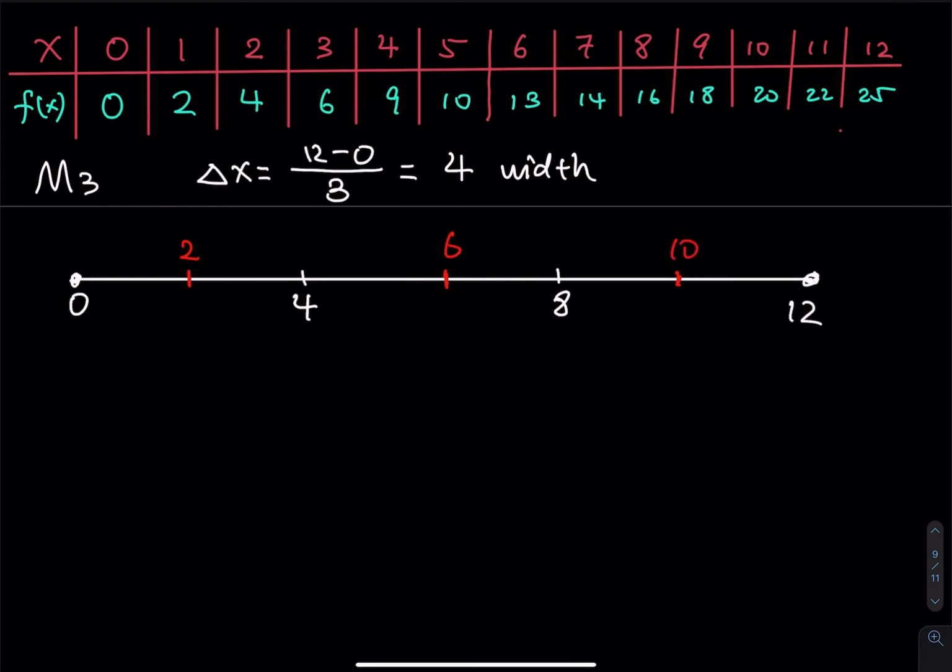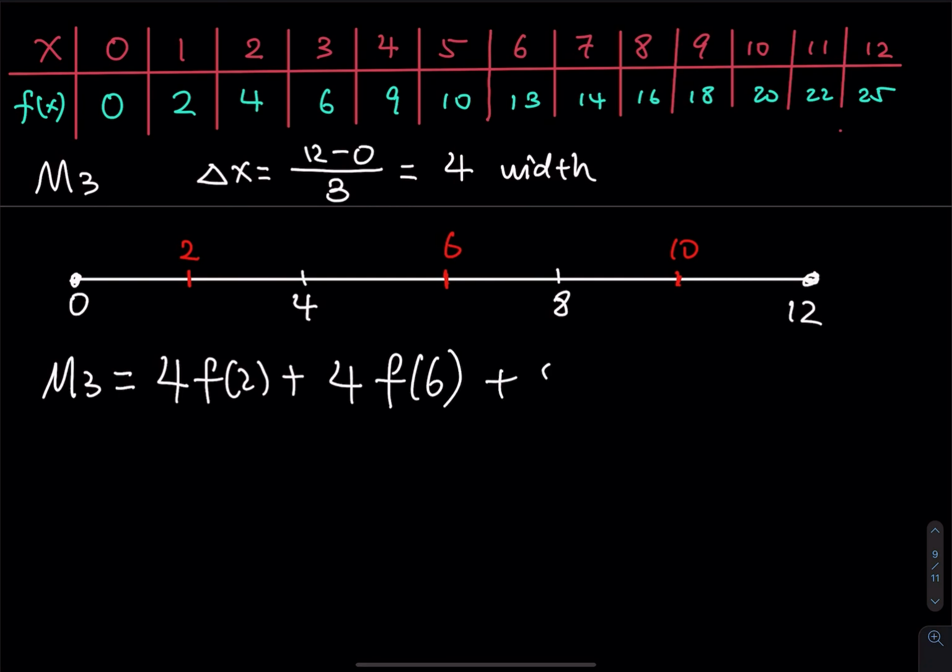Okay. And then, since that is M3, so M3 is equal to, you just grab all the midpoints. So M3 is equal to the width, which is delta x, times f of 2, and then the width, the base of the rectangle, times f of 6, and then the base of the rectangle, f of 10. So that is a 4.